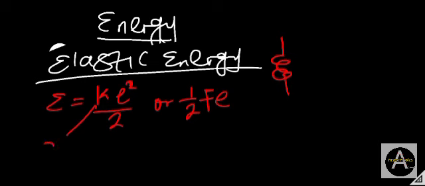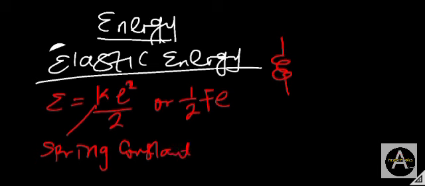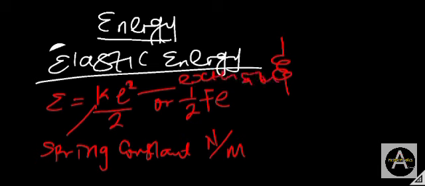The K here stands for the spring constant. The unit for the spring constant is Newton per meter. e here stands for the extension, and F here is the force, right?